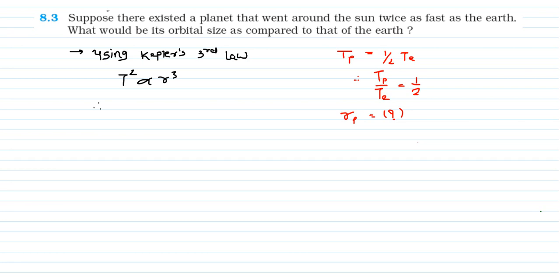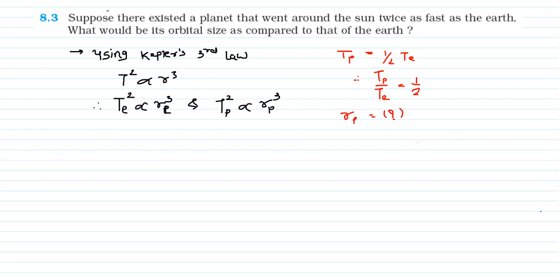Therefore, you can say T for earth whole square is proportional to R of earth whole cube, and periodic time for the planet, its square is directly proportional to Rp whole cube.